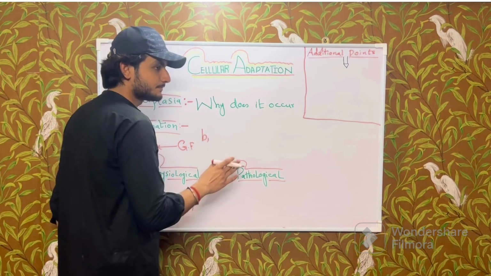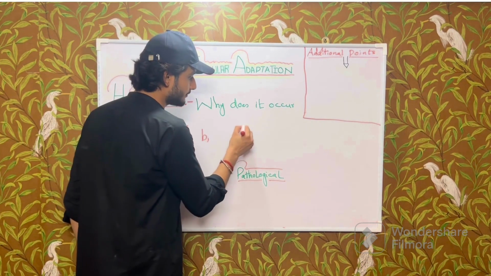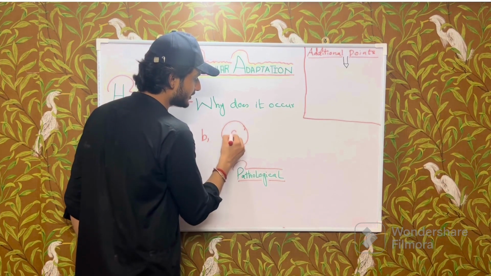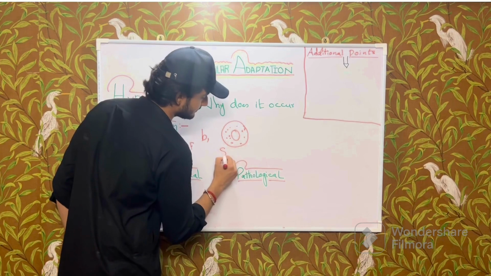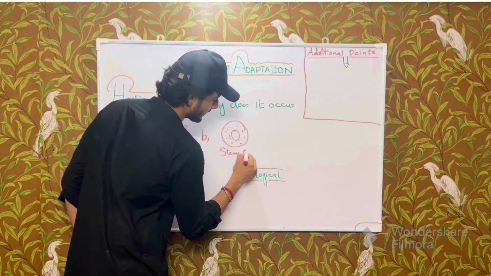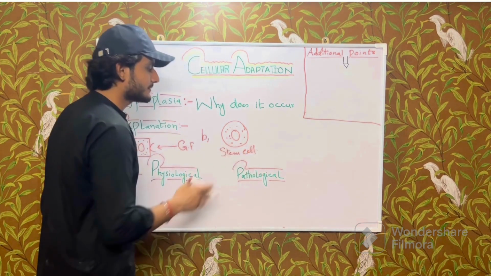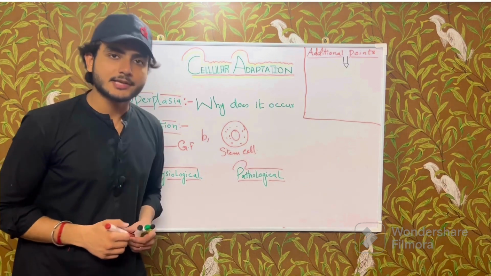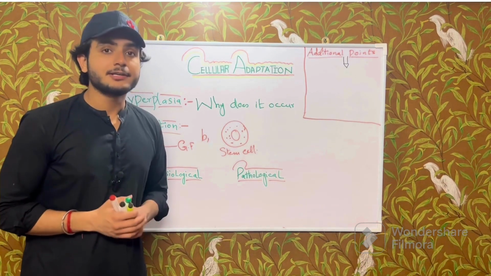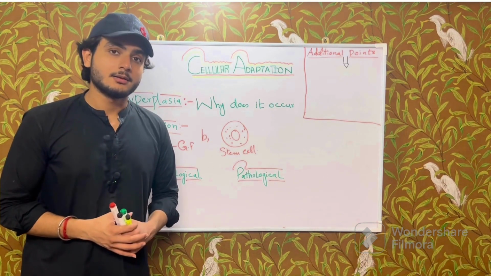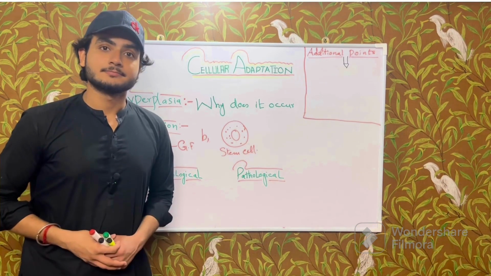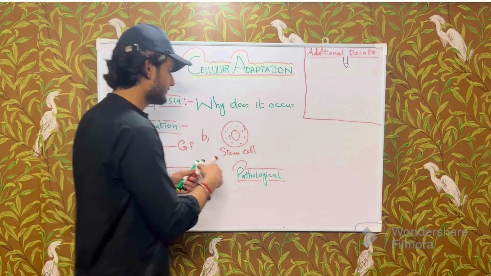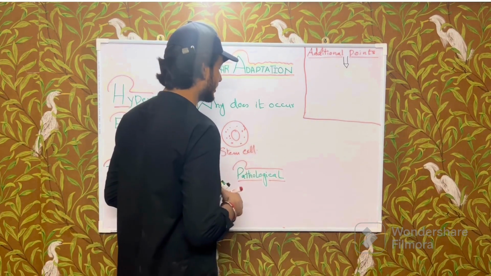It is because of the increased proliferation of stem cells. Okay. What does stem cell mean? A stem cell is a cell which divides into daughter cells, but alongside dividing, their number is also maintained. How does it maintain? Okay, let's understand it through the diagram.